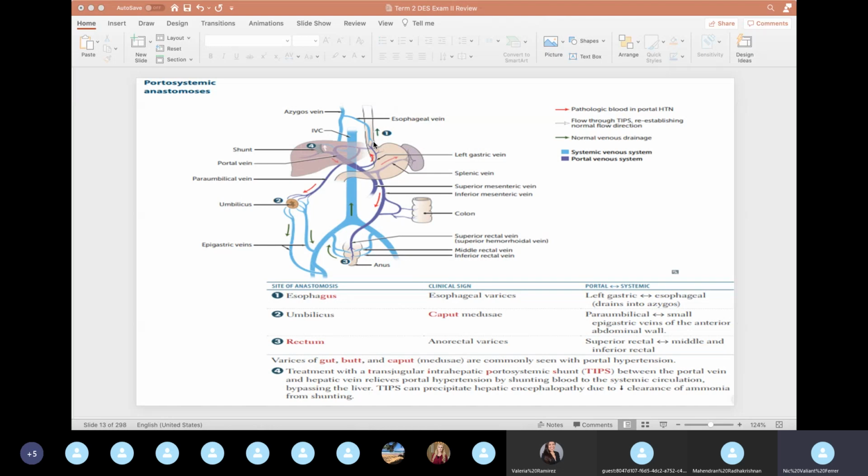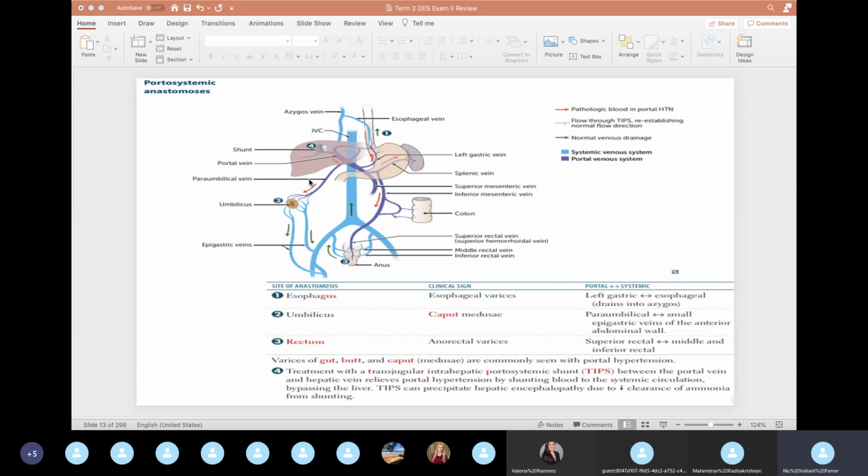So you have an increase in pressure, intra-abdominal pressure, which causes your left gastric and your esophageal veins to dilate here. So what are the veins that are involved? So we have the left gastric and your esophageal veins.